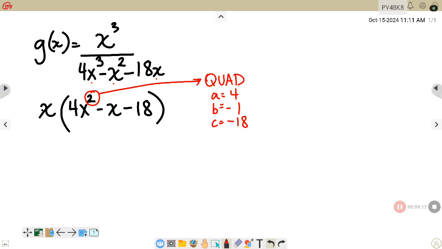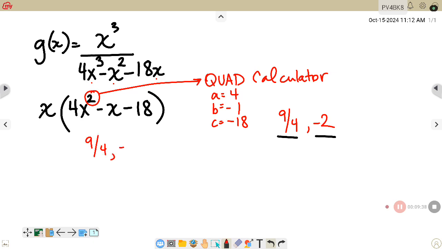So again, you are putting that in the quad calculator link and seeing what you get as the other two zeros. So when I put that in my quad calculator, it gave me 9/4 and negative 2 as the zeros that came out of the quad. So that's 9/4 and negative 2. And when I set that one equal to 0, it just gives me 0.